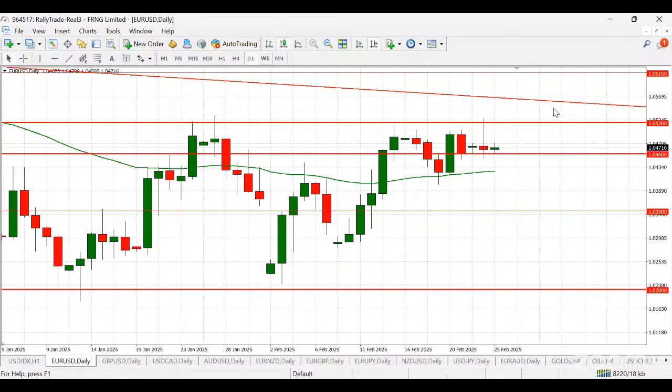Remember, when we analyzed the USD index too, we also saw this consolidation.